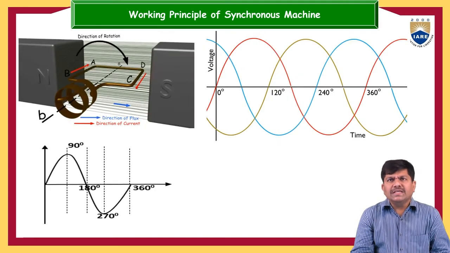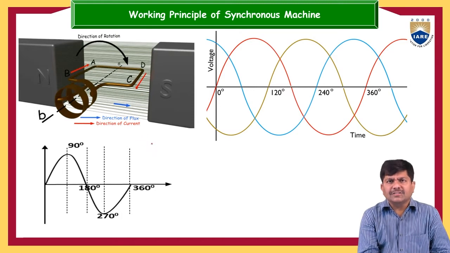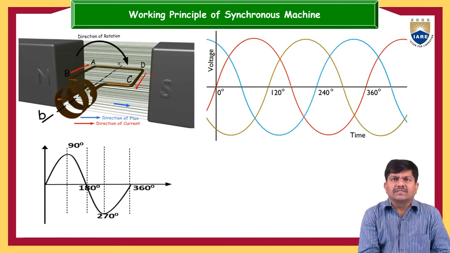You can also see here the ABCD conductor, and if there is no commutator segment, you can easily get single phase alternating voltage across the armature. Here we have clearly indicated the direction of the current and the direction of flux. But if we place the windings at 120 degrees phase difference in the armature, we get voltage across the armature like this.